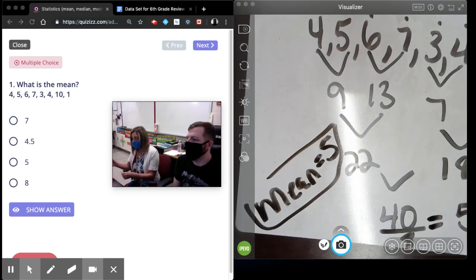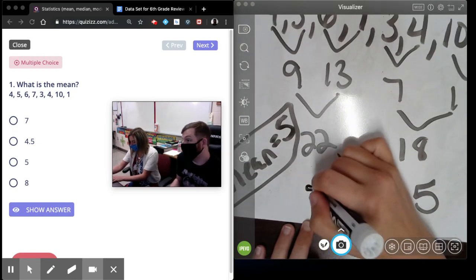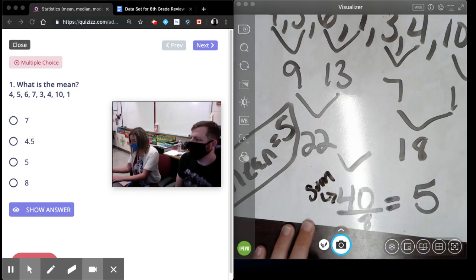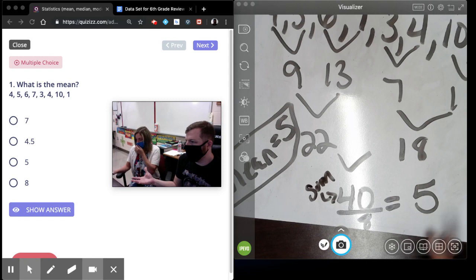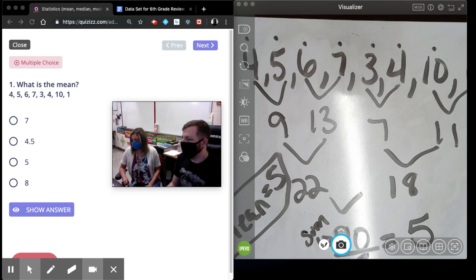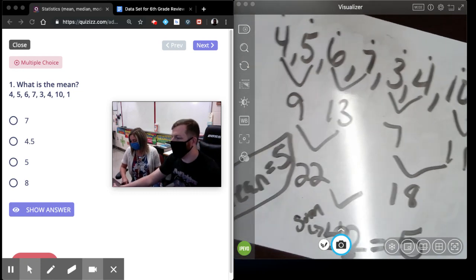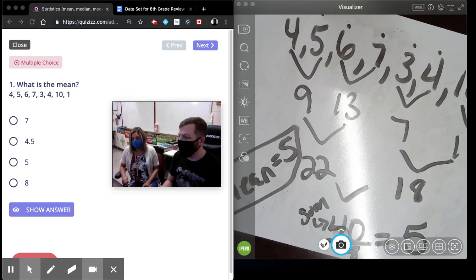That 40 represents in math what we call the sum. The sum is just the answer to an addition problem, which is really what we were doing. So we looked at the sum, and we divide it by 8, which represents how many numbers there are, or the quantity of the numbers. In my class, I also like to represent things by symbols, right, Miss Harper?